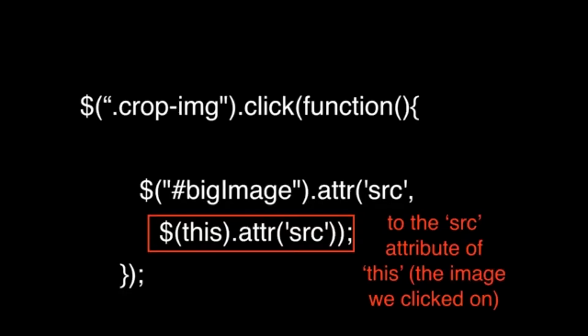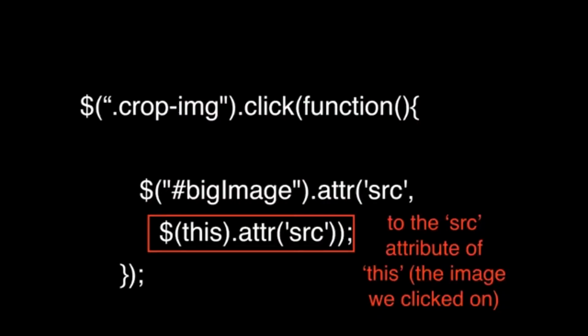It enables us to do quite a good manipulation of the DOM, and importantly, it's doing it in such a way that we don't have to write out in the code which particular image we're talking about. We can just grab it from the context of what small image we just clicked on. So this is a very useful feature. jQuery is very useful. It allows us to write this code so that we don't have to repeat ourselves and write code for every single thumbnail image.